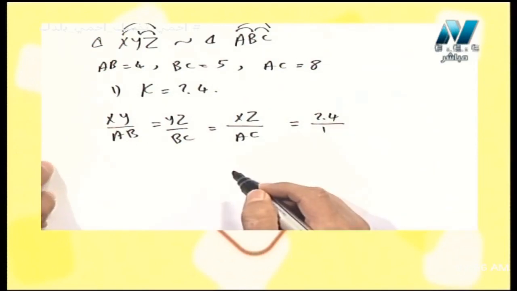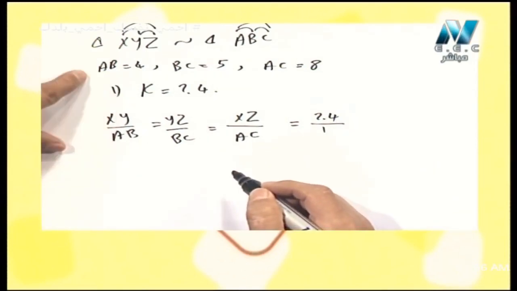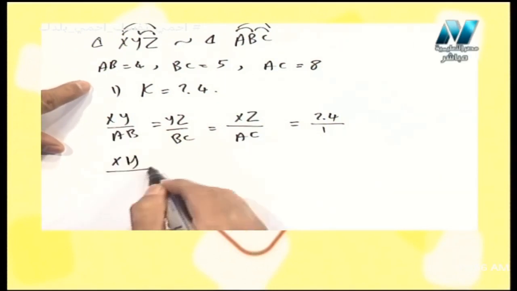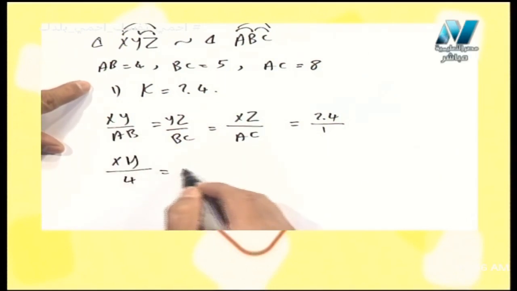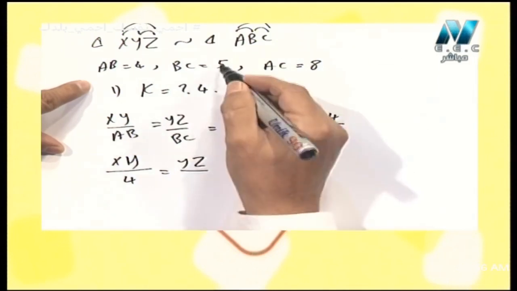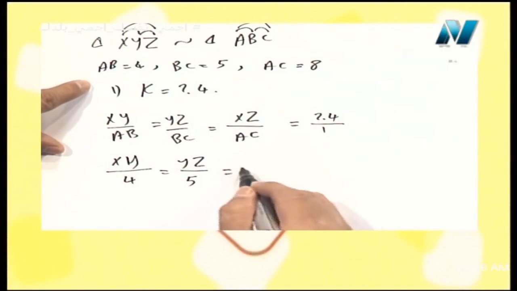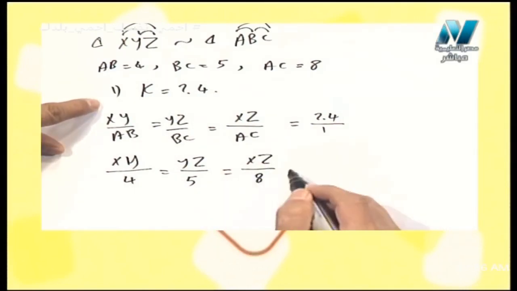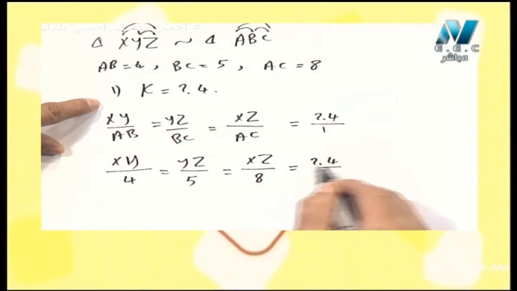And we have AB equal to 4, so XY over 4 equals YZ over BC, which is 5, equals XZ over 8 equals 2.4 over 1.